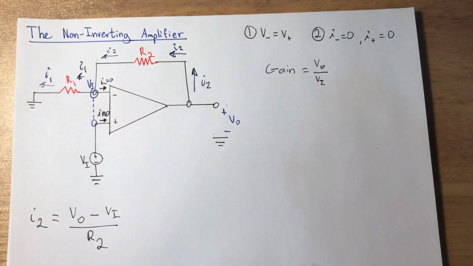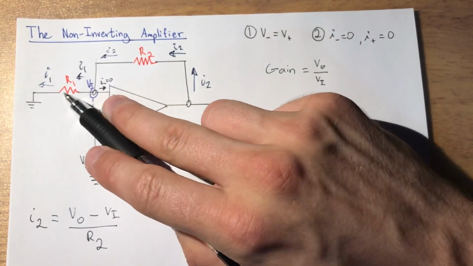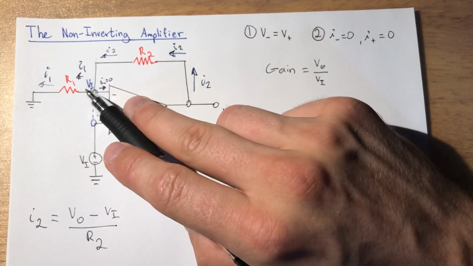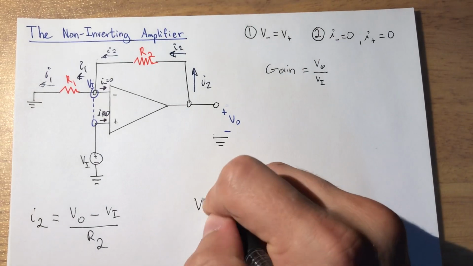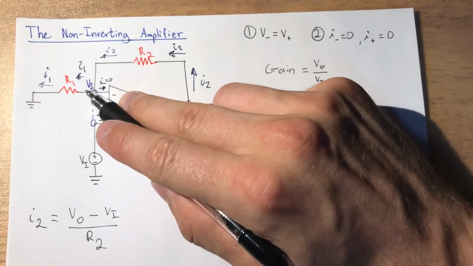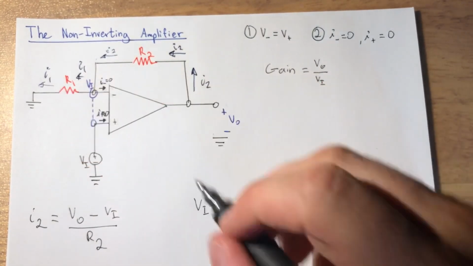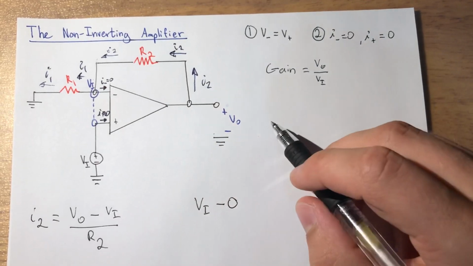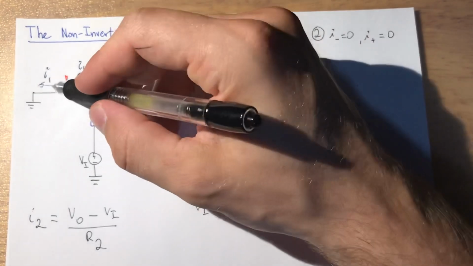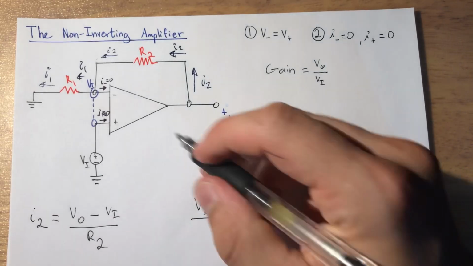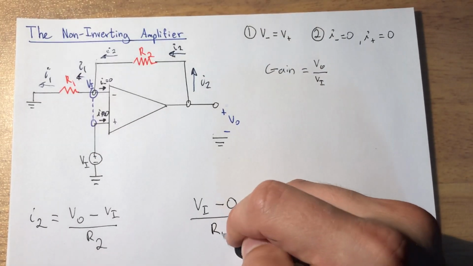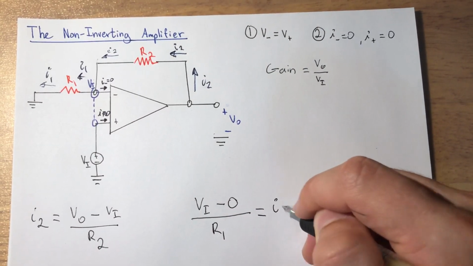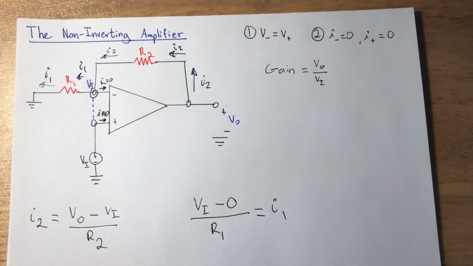Okay. Now check this out. The voltage drop across this resistor is the voltage here, which is VI, minus the voltage here, which is 0, over the resistance, which is R1, and that equals I1, right?